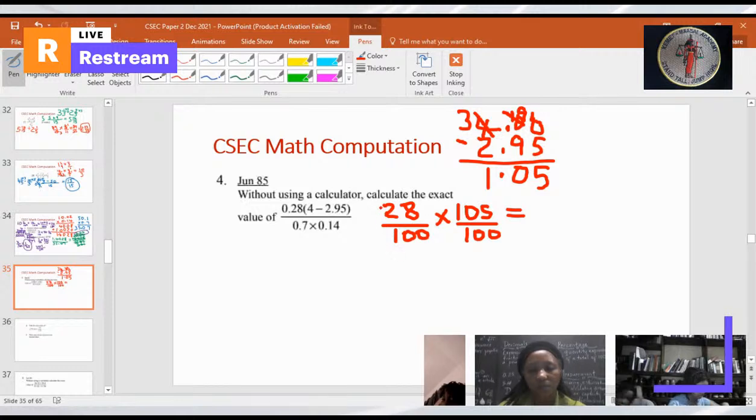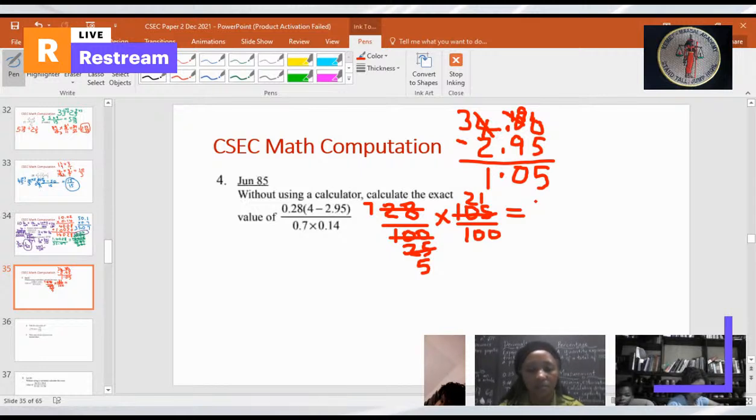Yes, miss. 4 into 28 goes 7 times, and 4 into 100 was 25 times, miss. All right. And we can use 5 now. Yes, miss. 5 into 25 goes 5 times, miss, and 5 into 105, that goes 21 times, miss. All right, so what do we have in our numerator?